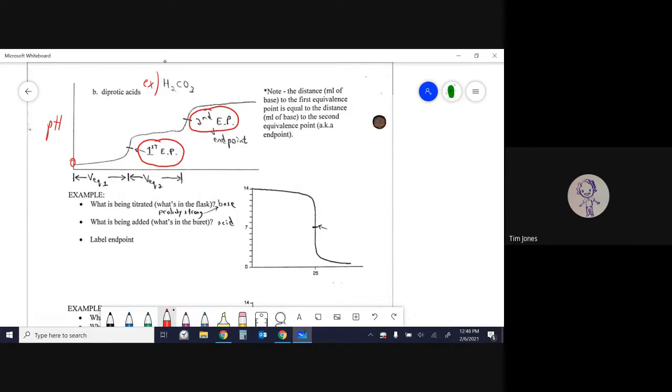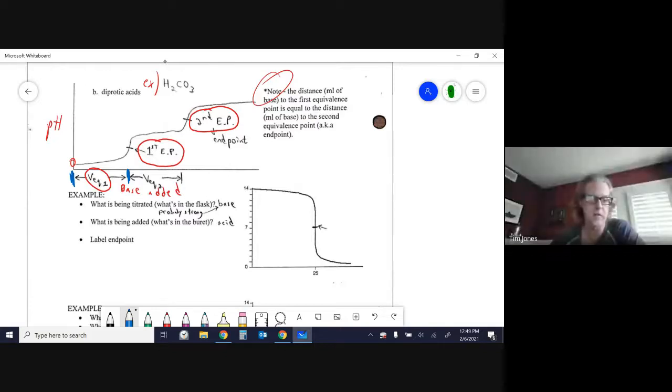And interesting to note here is that whatever volume of base it took to reach the first equivalence point, so on my x-axis, here to here, it's going to take the exact same volume of base to then go from the first equivalence to the second.